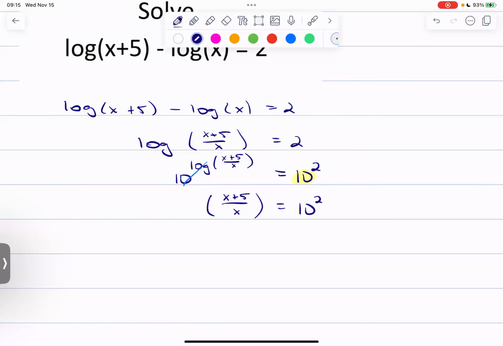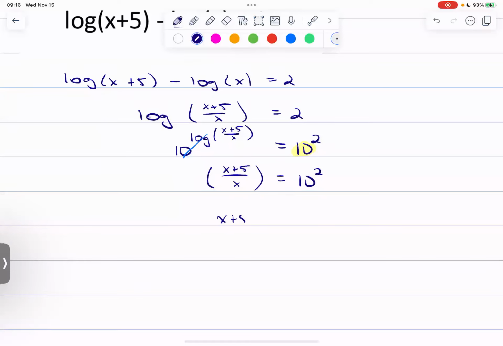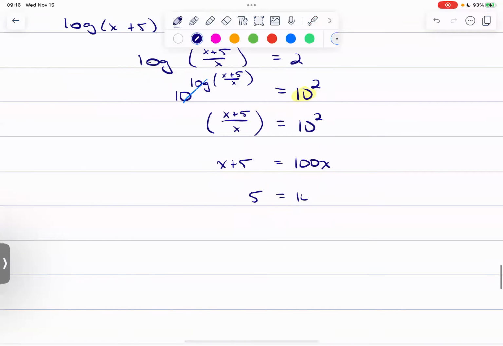Now we know how to solve for this. We know how to solve for x here, right? We have x plus 5 is equal to 10 squared times x. Guess I could write that as 100x, right? Multiplying the x over here. And then collecting like terms of x's, I'm going to have 5 is 100x minus x.